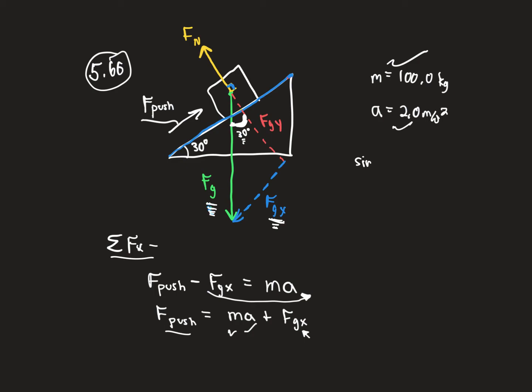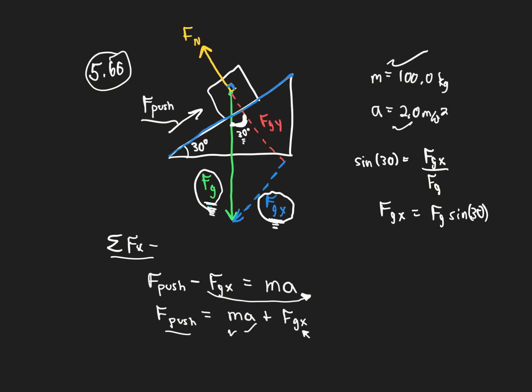So I know that the sine of 30 degrees is equal to this opposite side, FGX, over the hypotenuse, FG.